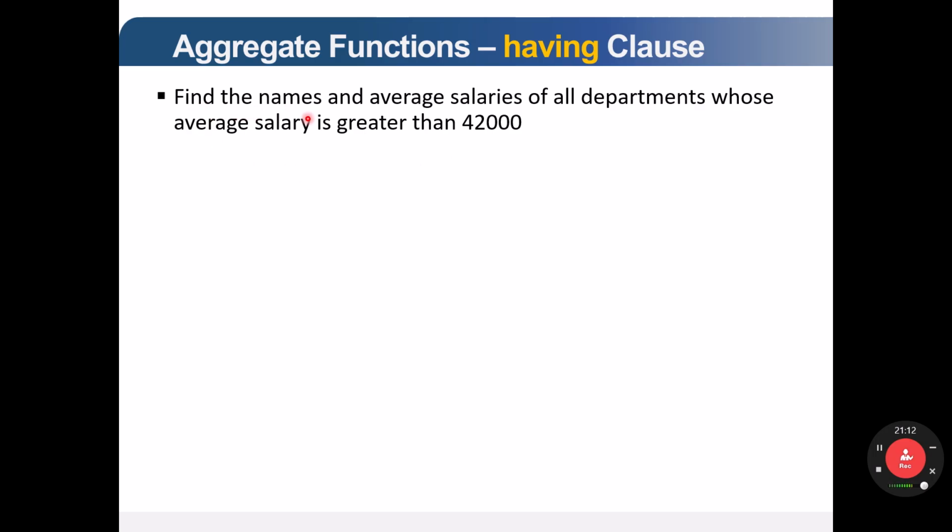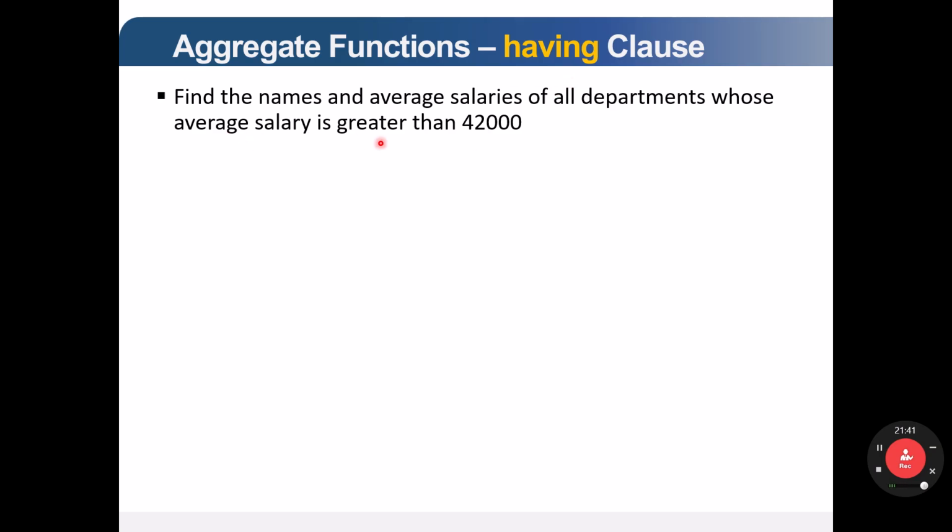We want to find the names and average salaries of all departments whose average salary is greater than 42,000. So here the filter condition requires average salary. This average salary can be calculated after we perform the group by operation. Therefore, this predicate should be specified in the having clause, not in the where clause.